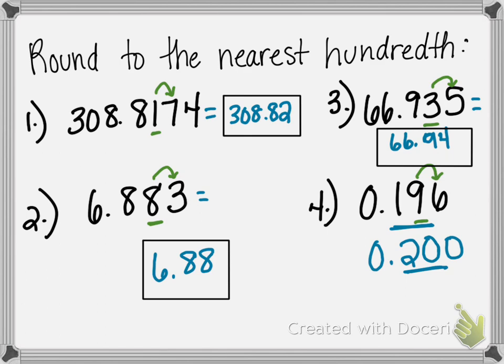Does that make sense? So sometimes you have to look one more to the left when you're rounding from a 9 to a 0. You look one more to the left and round from the 1 to the 2, or whatever that digit is in the tenths place. Okay? So then the simplest would just be 0.2. You can put the 0.20, but you don't have to. All right.